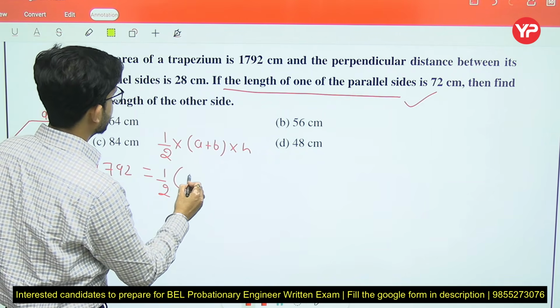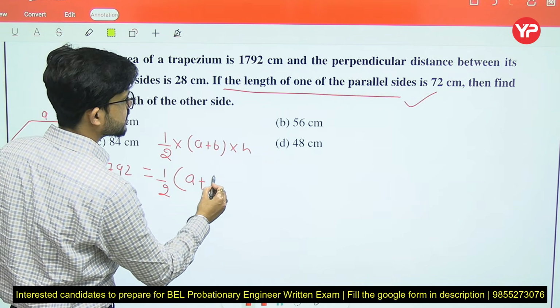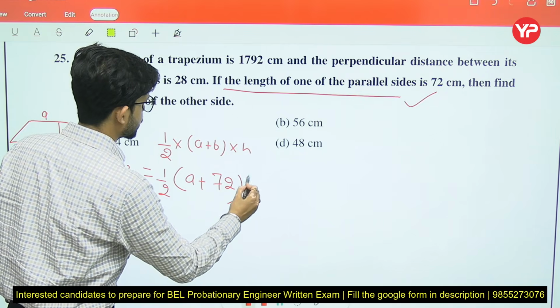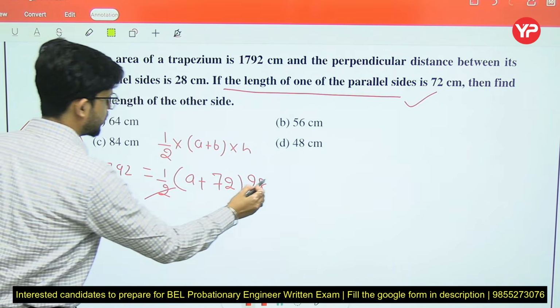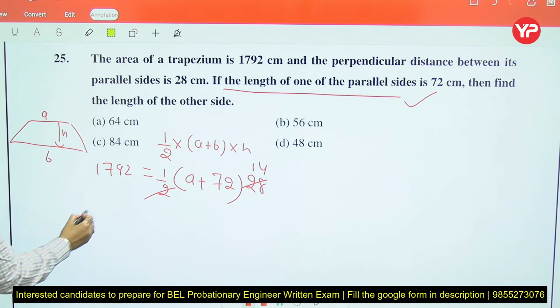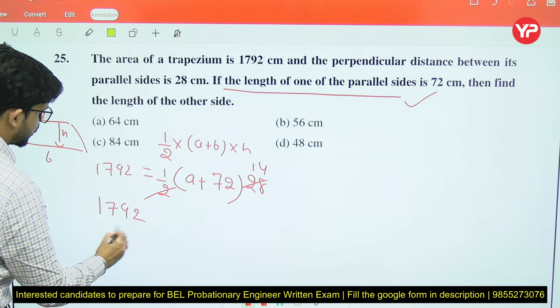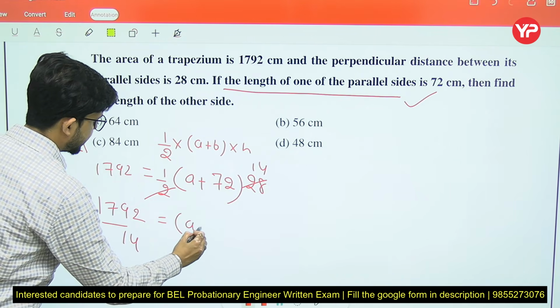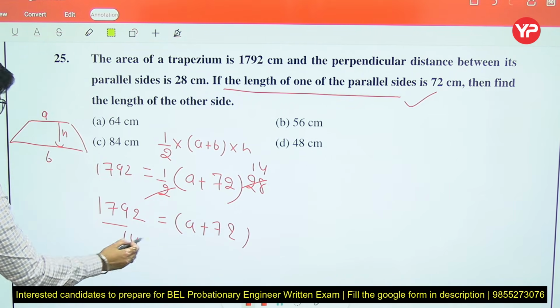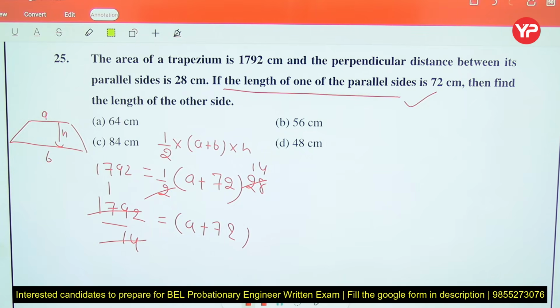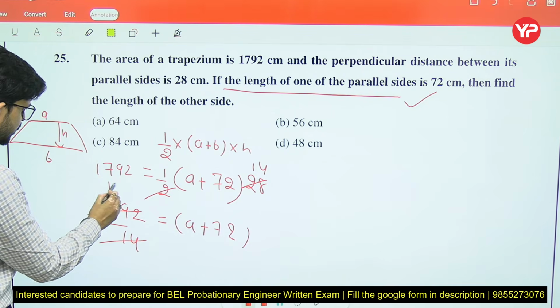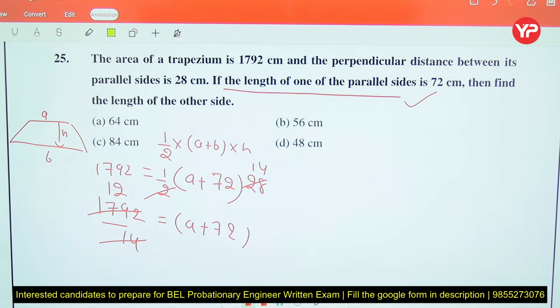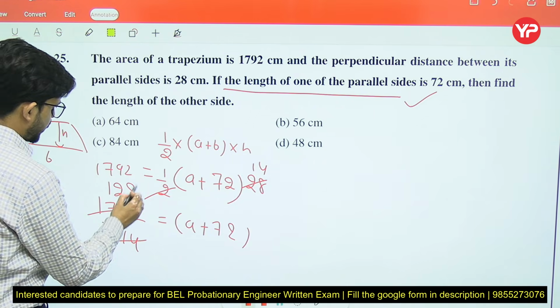What is a here? We didn't know. One side is given as 72 and the height is 28. So 14, and if I divide 1792 by 14, so what I get, 14 ones are 14, and then I get 128.